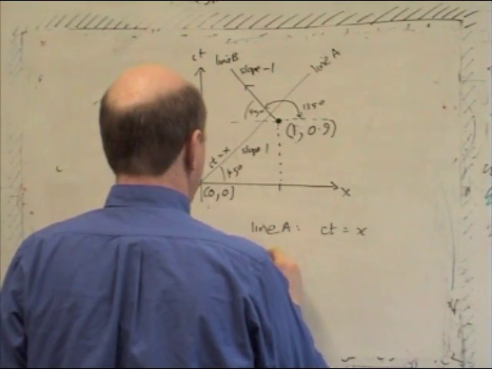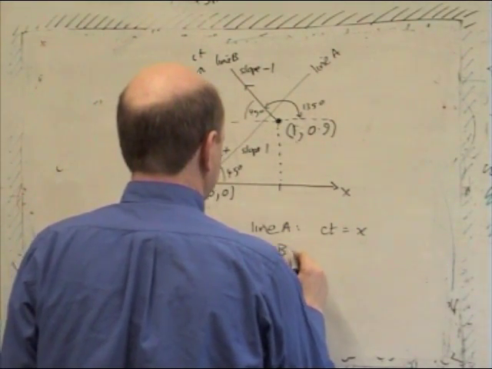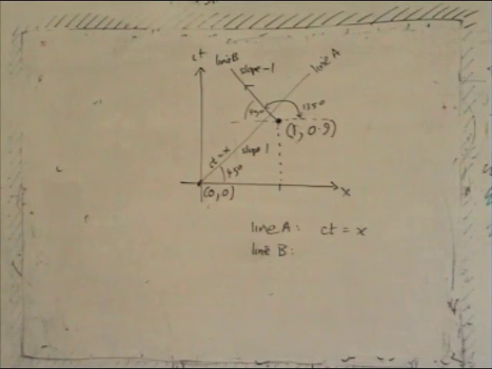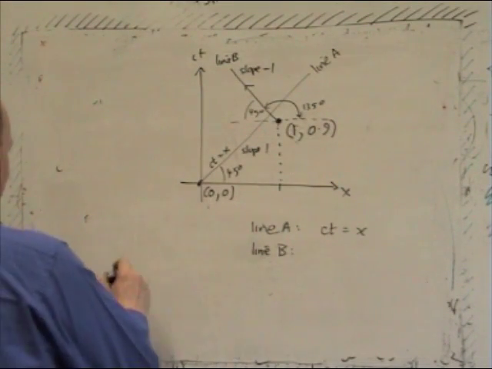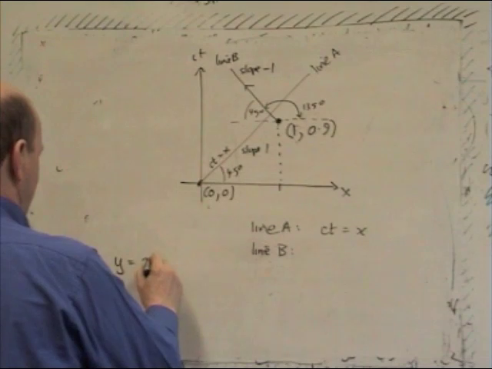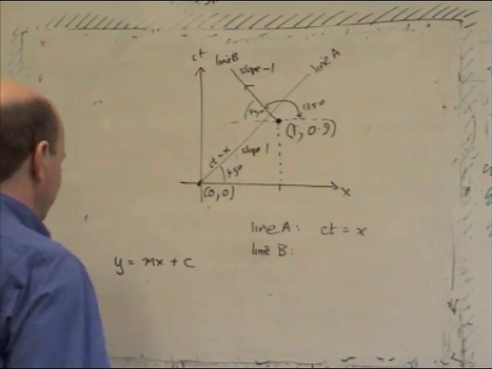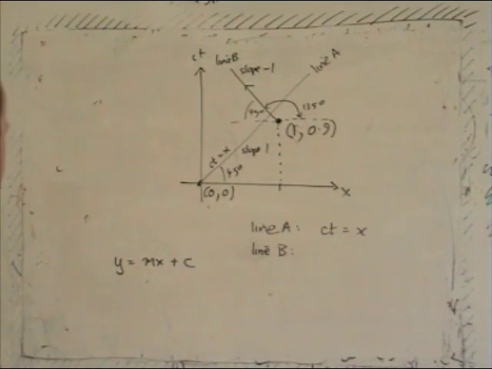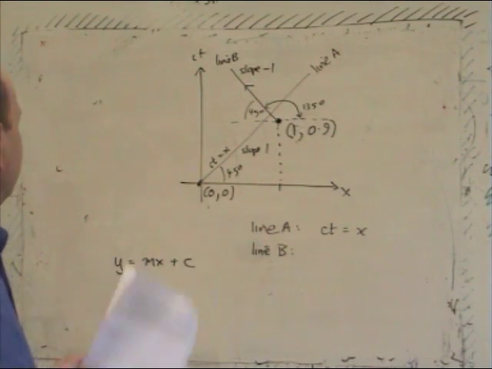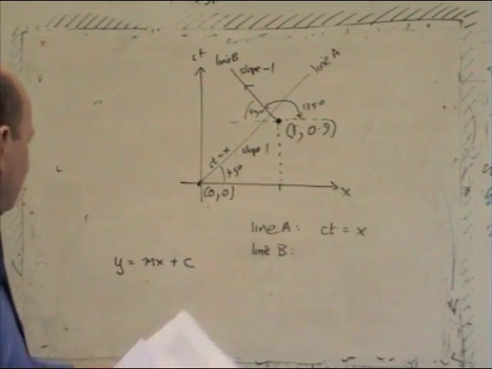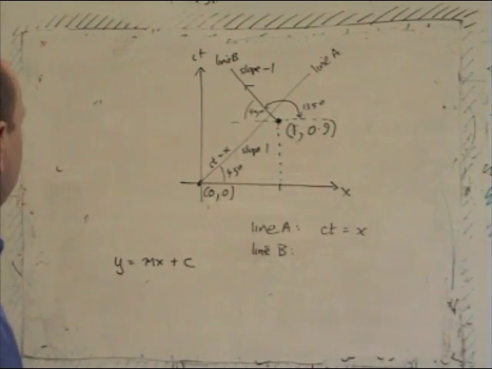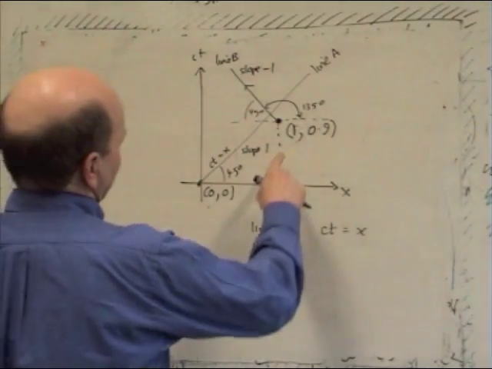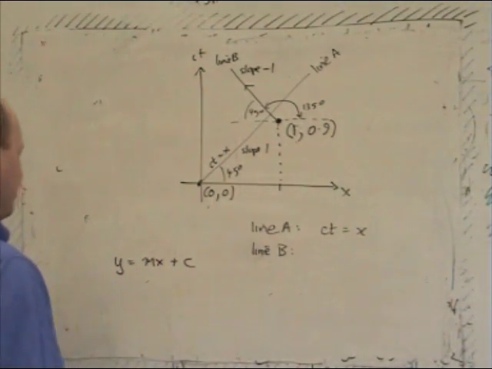So here you need the formula for the equation of a straight line. Now usually undergraduates know this formula: y equals mx plus c. However, in this case we don't have an intercept with the vertical axis, which is what c is. Instead, we have a point that we know the line goes through. It goes through the point 1, 0.9.